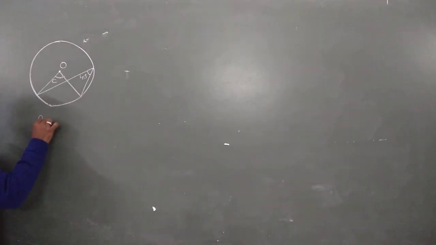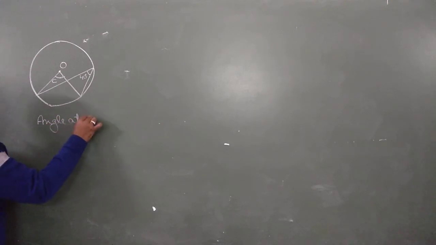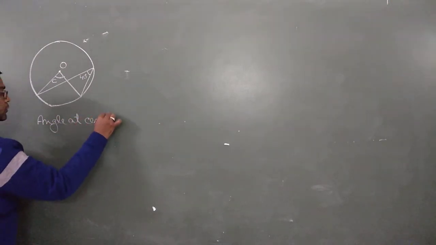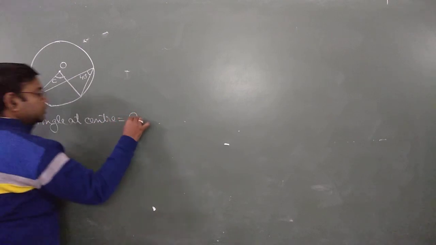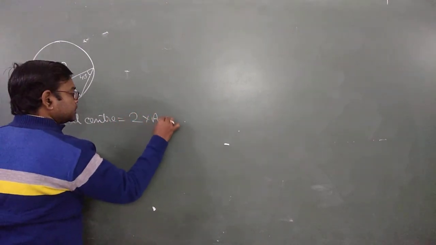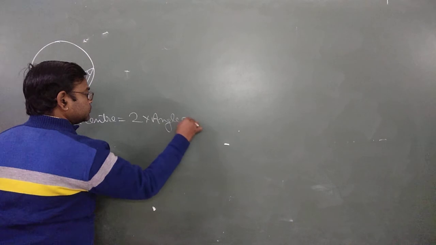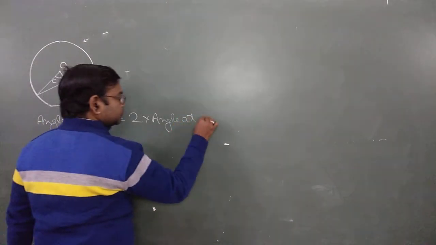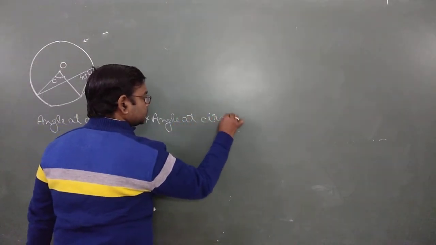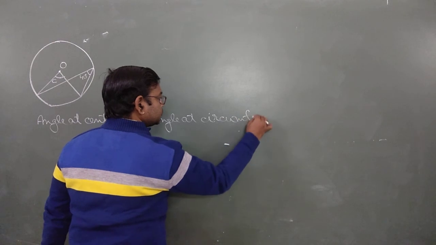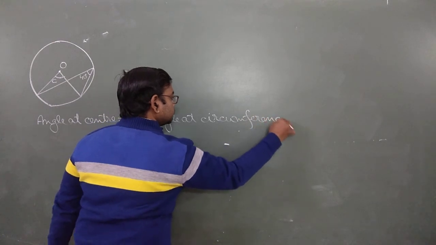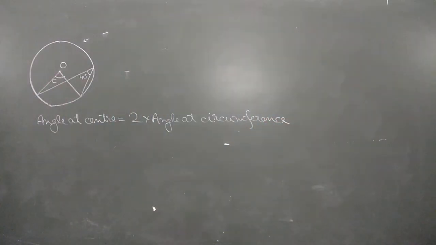So, as we know, the angle at the center must be double the angle at the circumference.